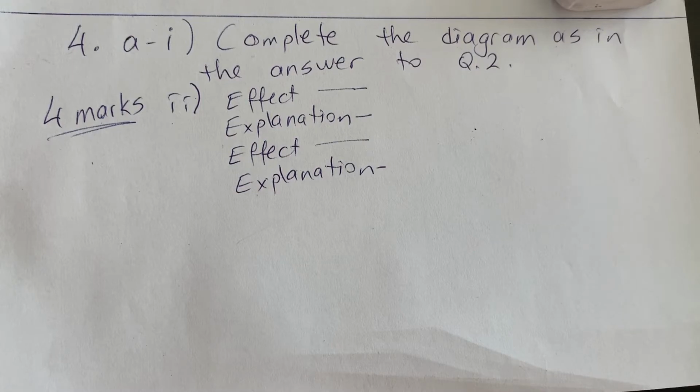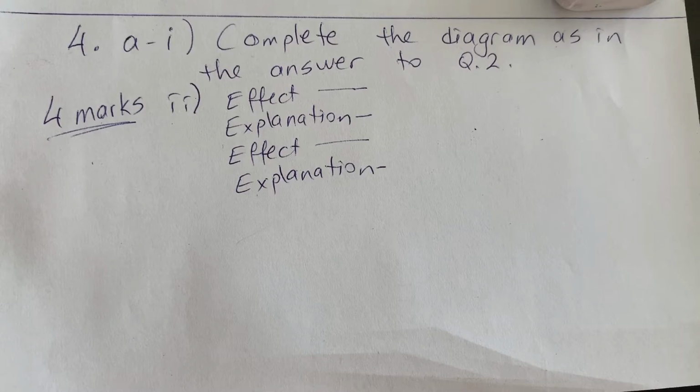In part 2, we are asked to explain 2 effects on the intensity distribution that was shown in part AI. So this is a 4-mark question. Two effects and two explanations. The first effect of the condition given, which is the width of the narrow slit being reduced.